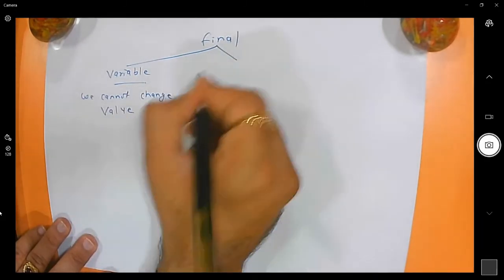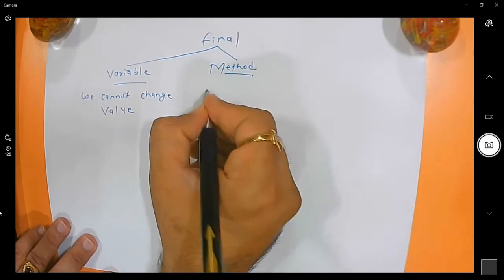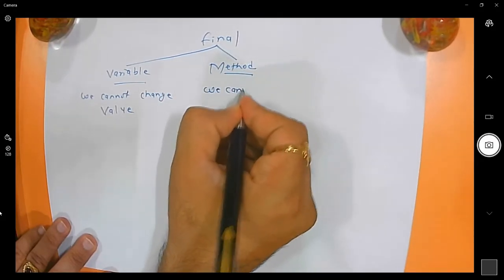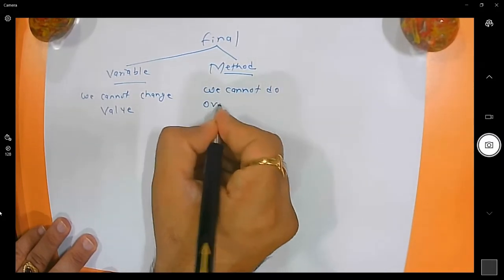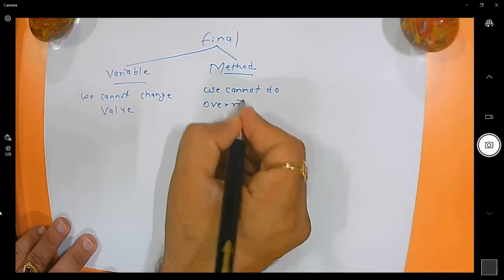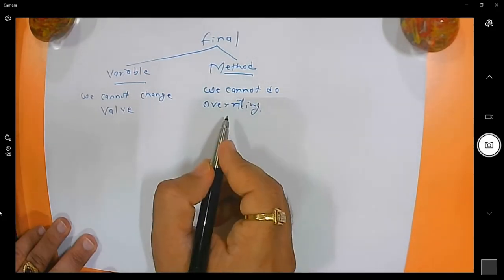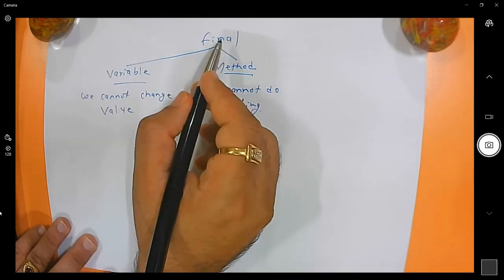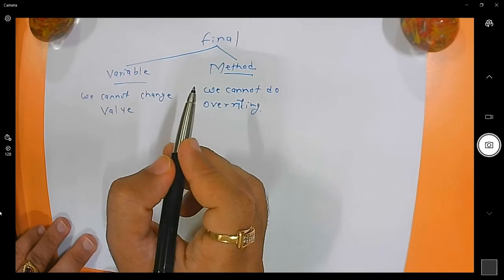If you declare a method as final, then we cannot do method overriding. So overriding is restricted. If your variable is final, we cannot change the value once it is assigned.